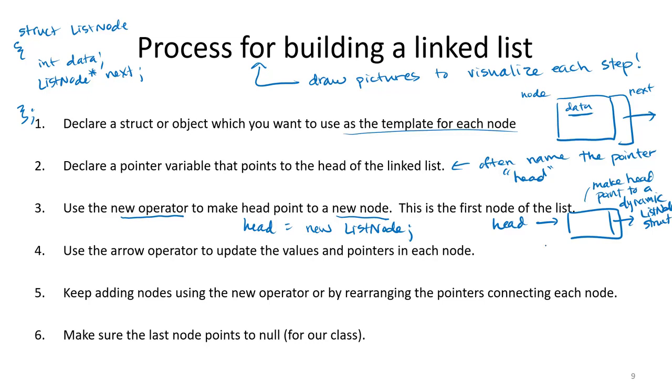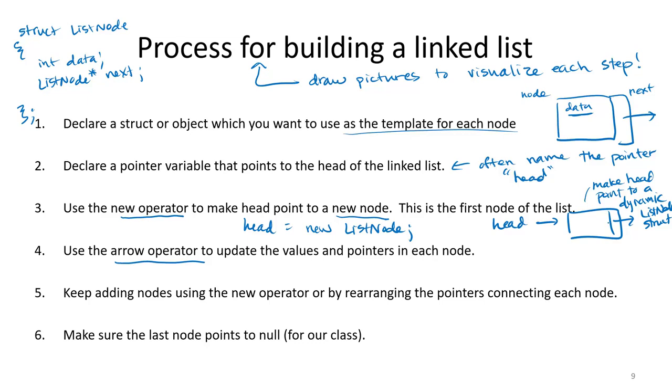So notice in this case, now our head pointer is pointing at a list node struct created in the dynamic memory. Finally, we need to update the data inside of our new node. And we'll use what's called the arrow operator to update the data and the pointers inside each node of our list.